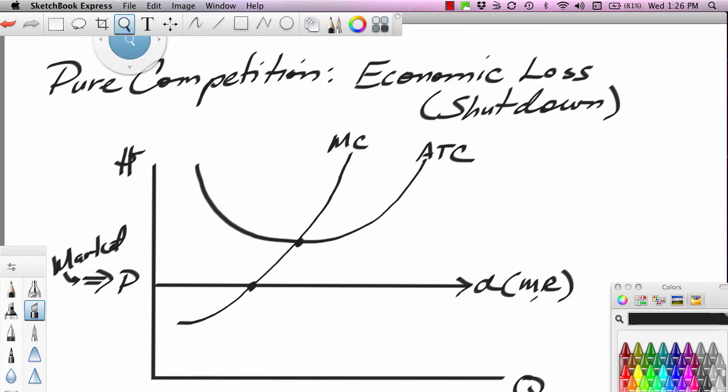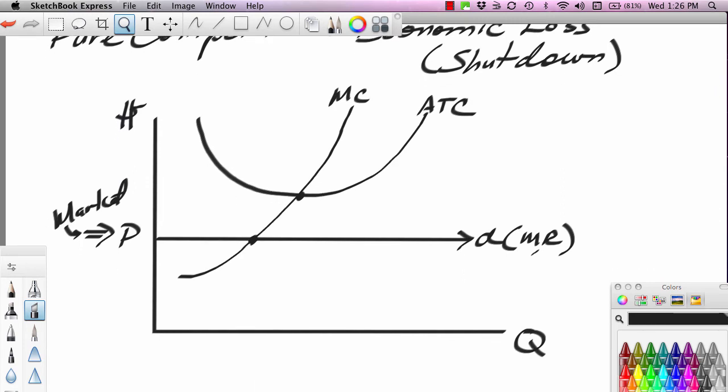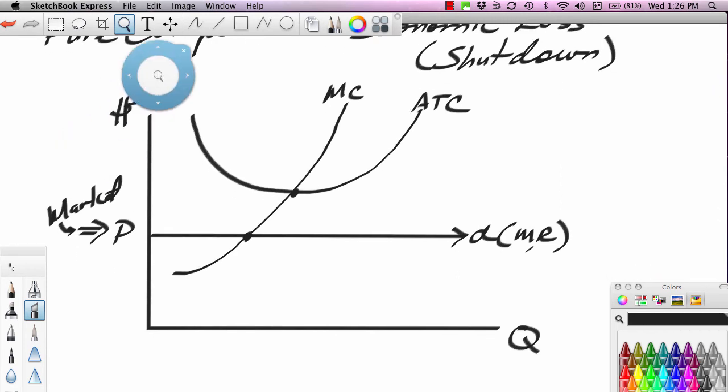So that puts the firm in a position where it could do everything right and still be losing money. Think of a farmer. Farmers plant in the spring, they incur most of their costs in the spring and early summer, and then they're in a position where they have to wait for the crop to grow. Say we're talking corn, so in August and September the corn starts to come on.